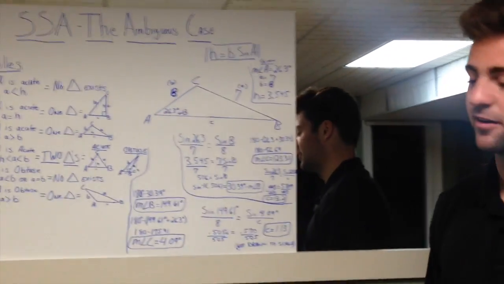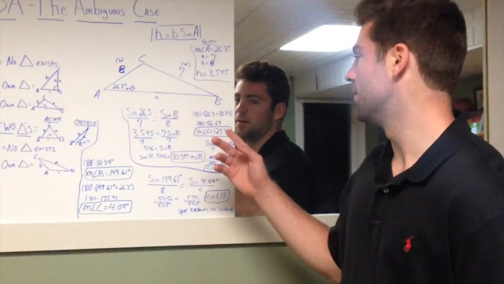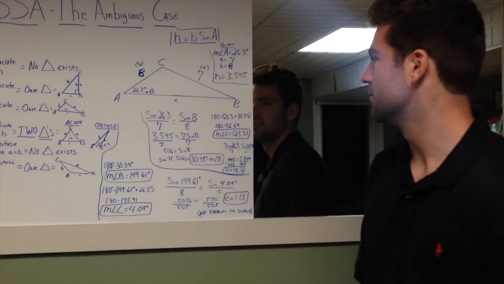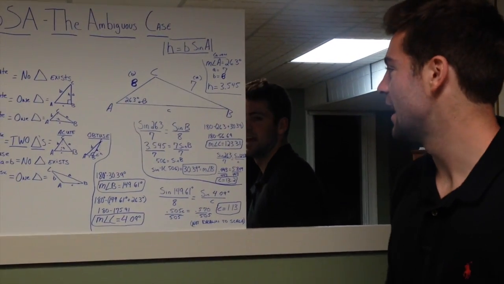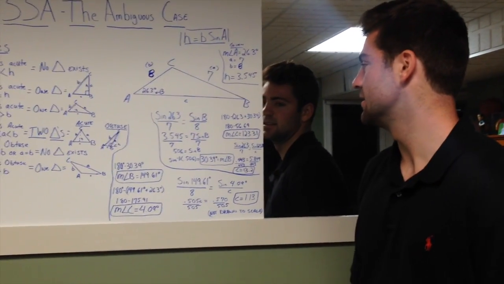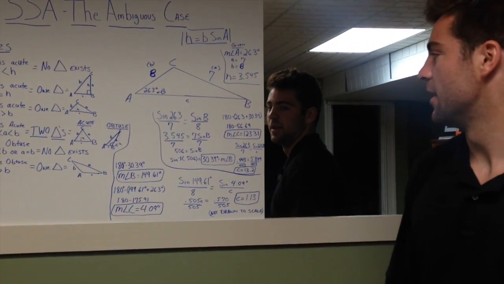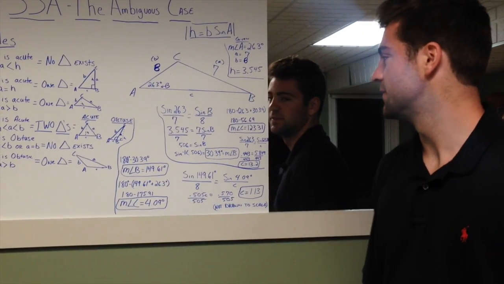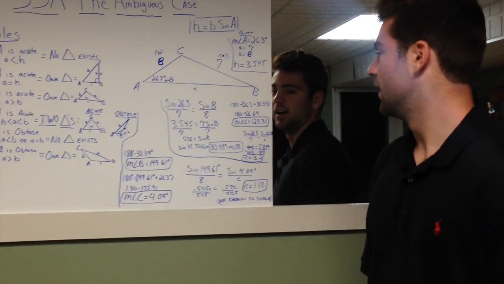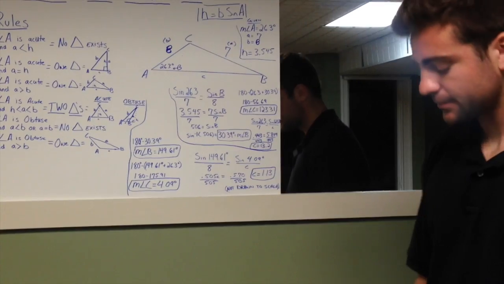And then using what we did earlier, I added the measurement of angle A and 30.39 and got 56.69. And then I subtracted 56.69 from 180 and got 123.31 degrees.